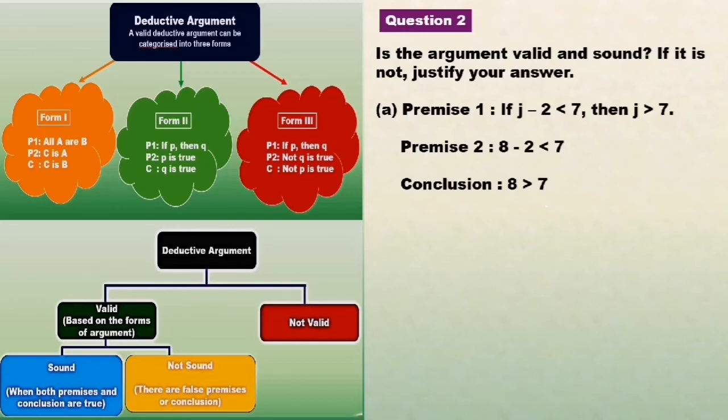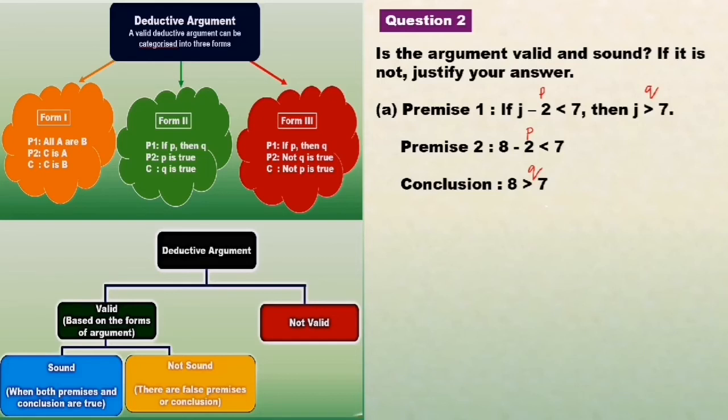Here is if P then Q. So follow the sequence: j minus 2 less than 7 is P, if P then Q. P is written down in premise 2, so this is P, and the conclusion is Q. So this is a valid argument because it complies with a valid form of deductive argument, which is form 2.